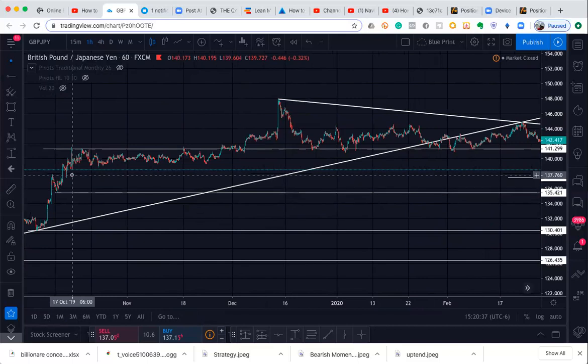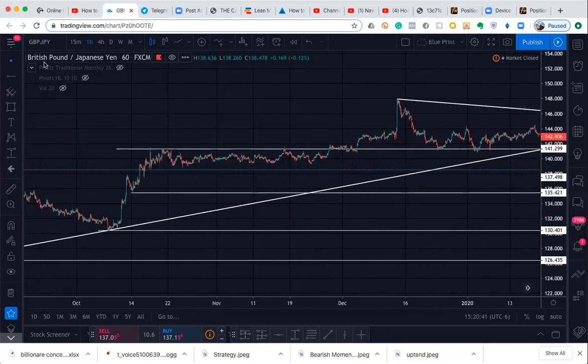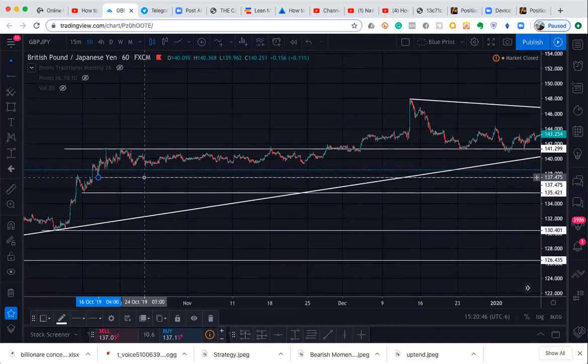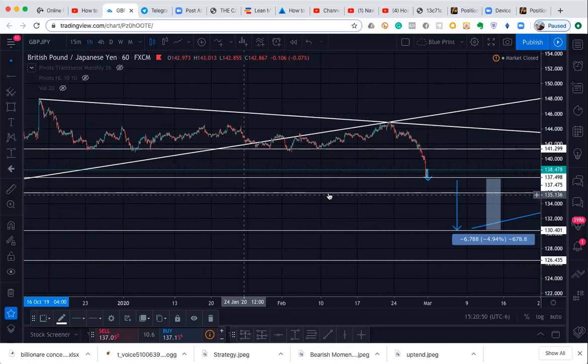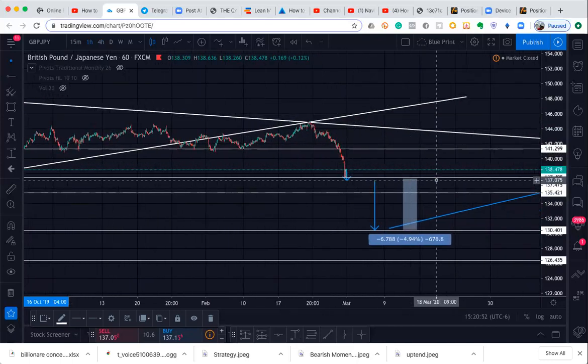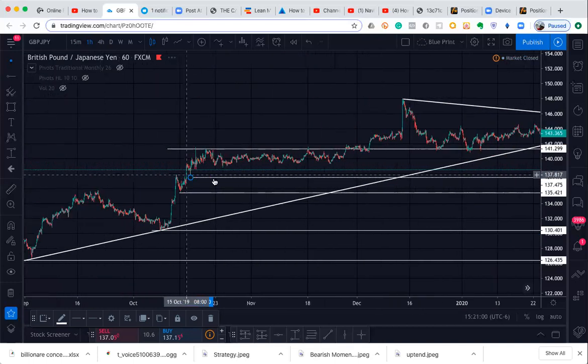What's weird is that as you start to break down, look right here, there's another support line right there. The reason why price is doing what it's doing, watch this here. Let me show you something, because you didn't see what I did.